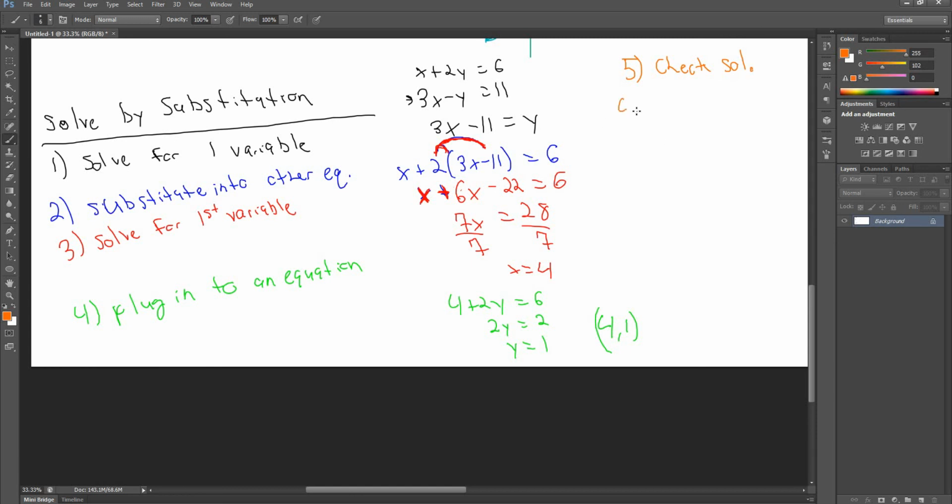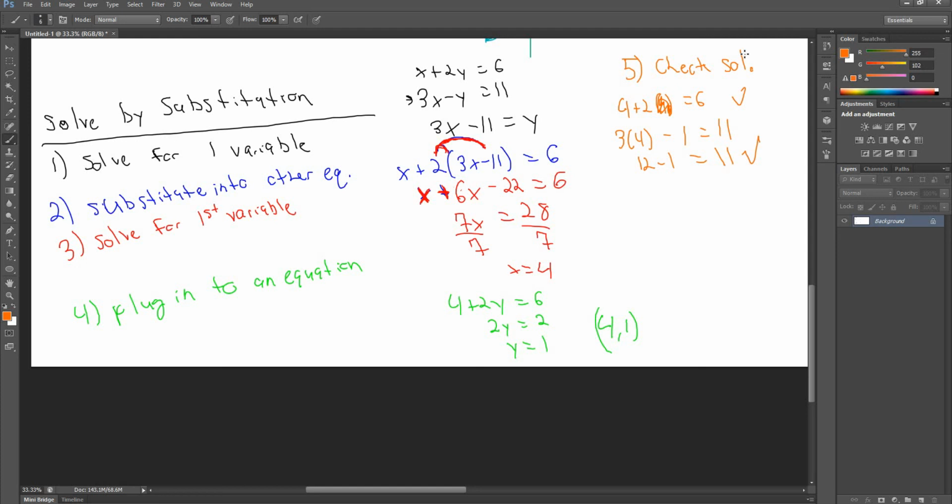So I'd have 4 plus 2 times 1 is equal to 6, which is true. Then I'd have 3 times 4 minus 1 is equal to 11, which is 12 minus 1, which is equal to 11. So we are good for that.